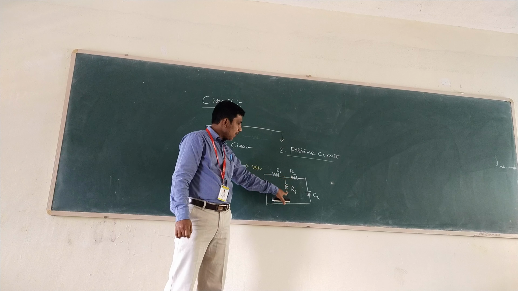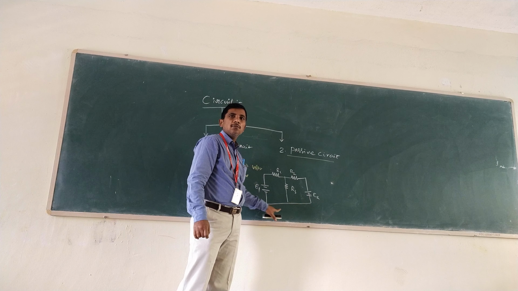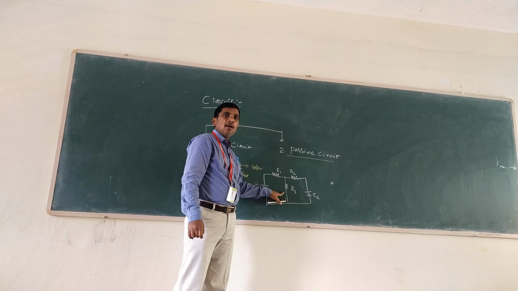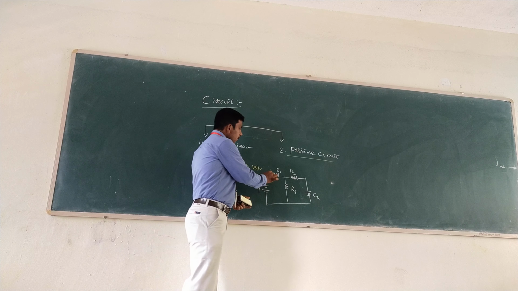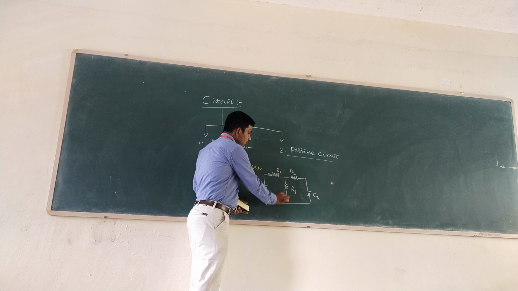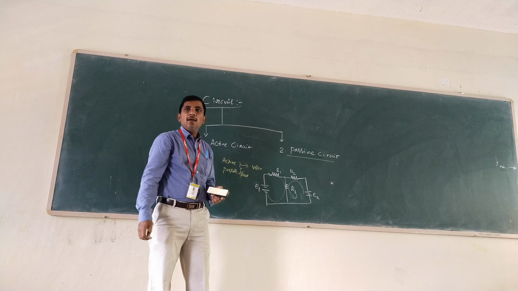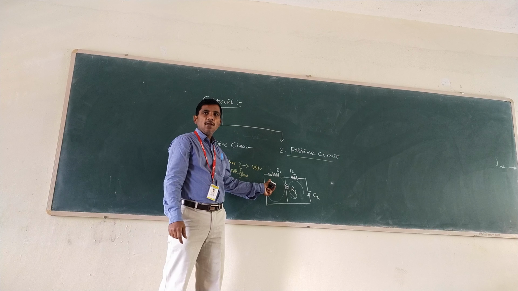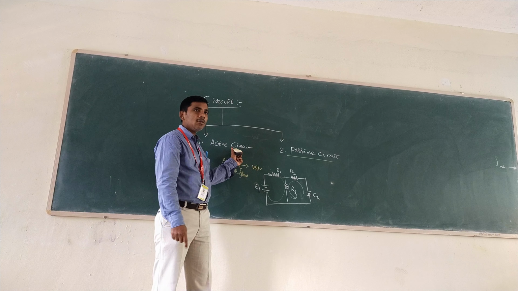Then R1, R2, R3 are the passive elements. This circuit is called an active circuit. It is the closed interconnection of various elements, active and passive, combined together. Then it is a closed loop. A current will flow in this path and another path will be there. Two loops are there in which the current will flow. That is called a circuit. The interconnection of both kinds of elements is called an active circuit.